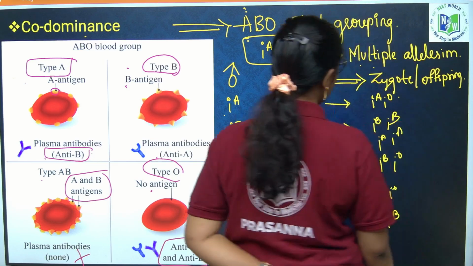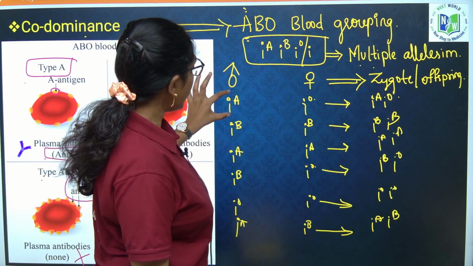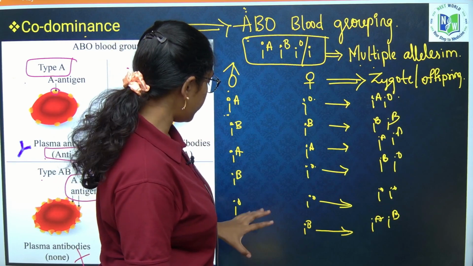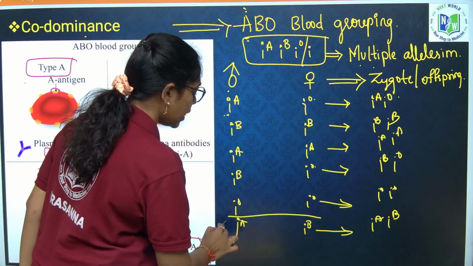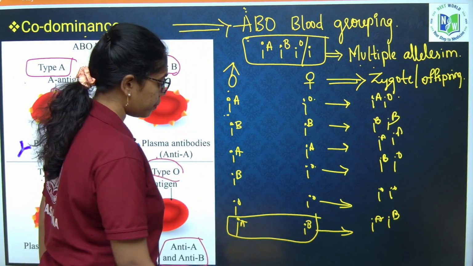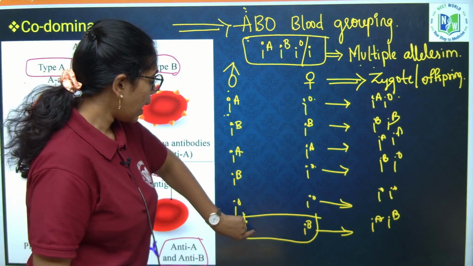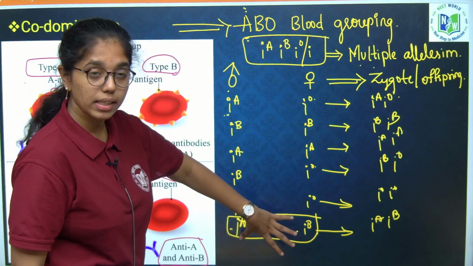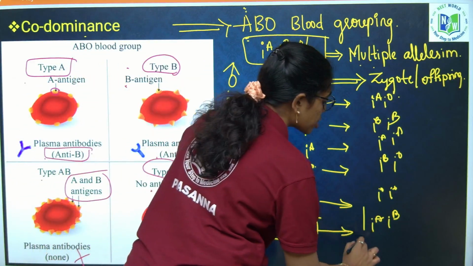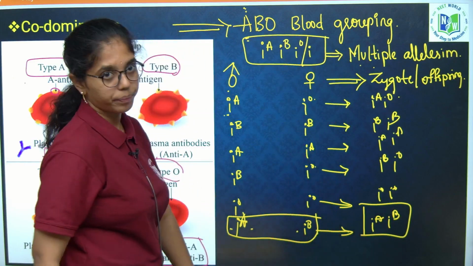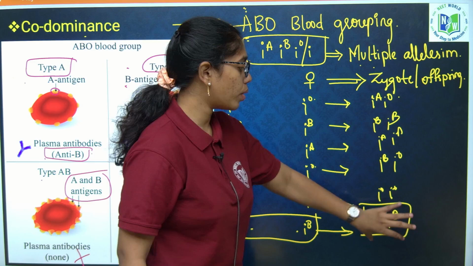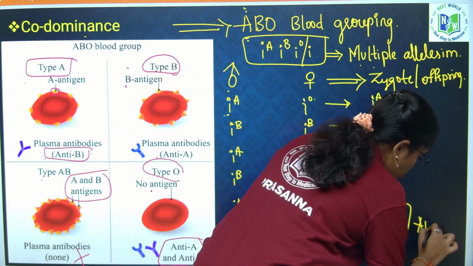So here if you see clearly, when A and B alleles, IA and IB, are present, they are equally expressed as IAIB, which is coding for AB blood group. This is coding for what blood group?